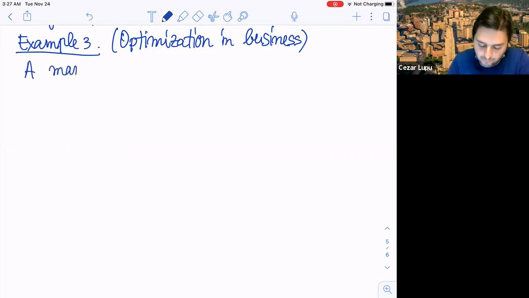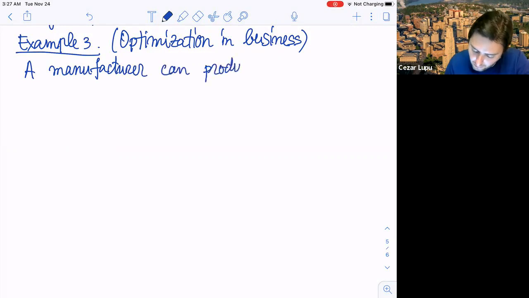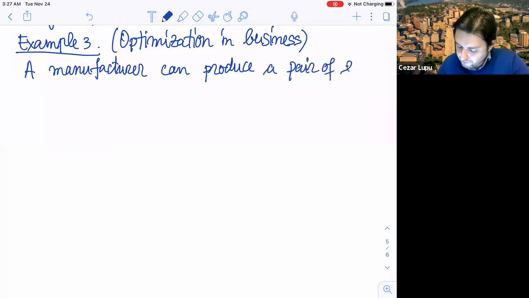A manufacturer can produce a pair of earrings at a cost of $3.